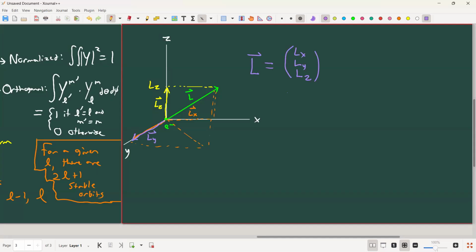Okay, and the length of L, so how long L is, the total angular momentum, this is the magnitude of the angular momentum, which is a scalar quantity.